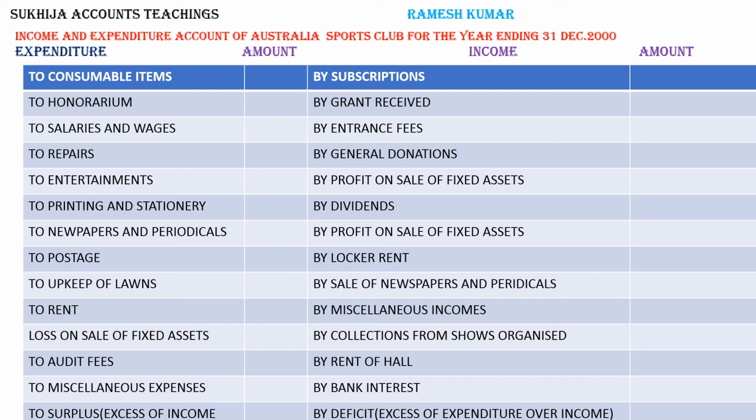If income was more, to surplus. If expenses are more, we are having by deficit. Instead of by deficit, we can write by excess of expenditure over income. Similarly, in place of surplus, we can use the words to excess of income over expenditure.